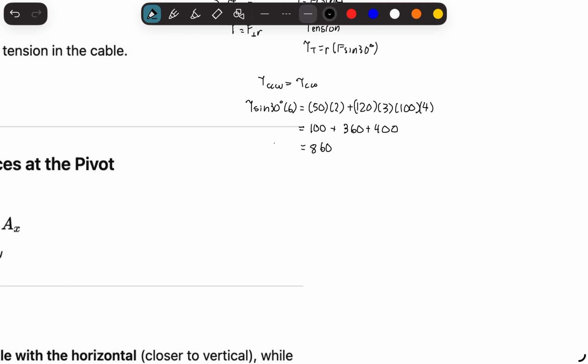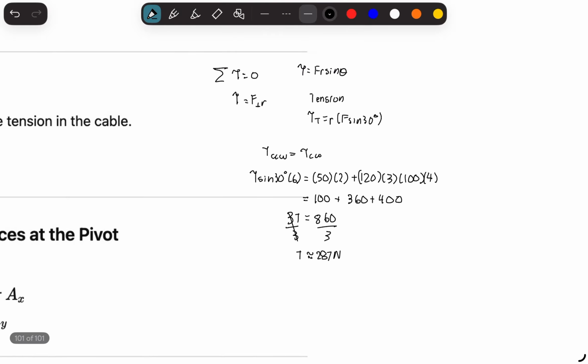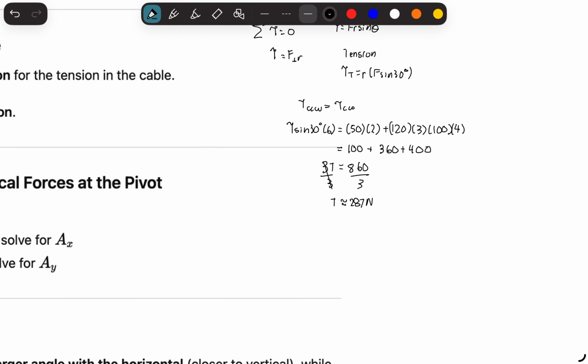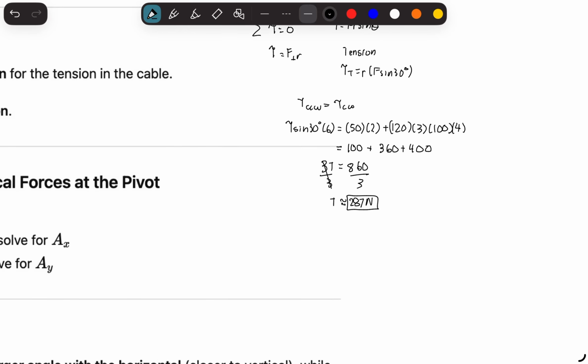And then this is sine of 30, so this is going to be 3T. Now you just divide both sides by 3. T is equal to approximately 287 newtons. So that's going to be your answer for part B.